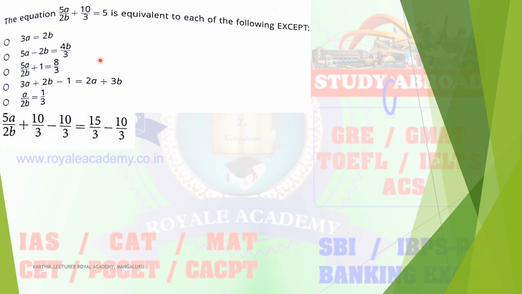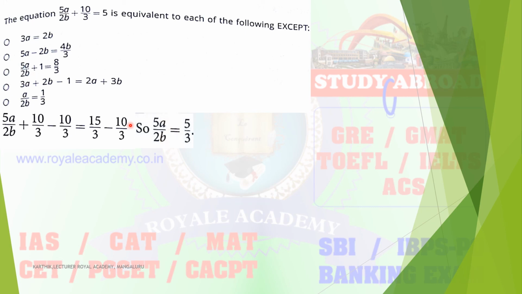So we'll see one by one. First simplify this equation, 5a divided by 2b plus 10 divided by 3 is equal to 5. You subtract 10 divided by 3 on both sides, because we have to eliminate this term 10 divided by 3. So I add minus 10 divided by 3 on the left hand side as well as on the right hand side.